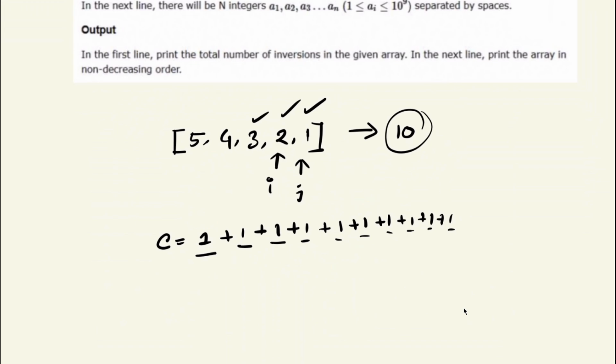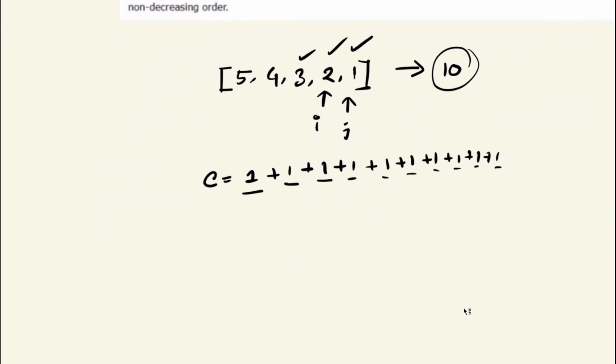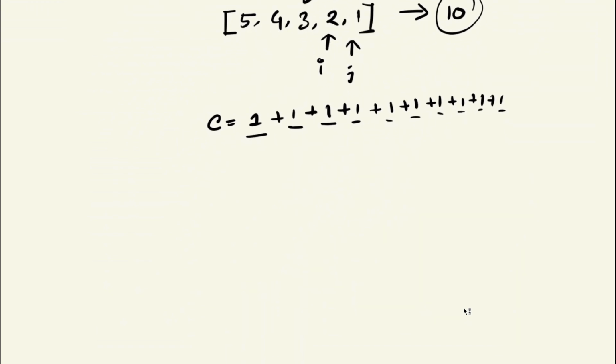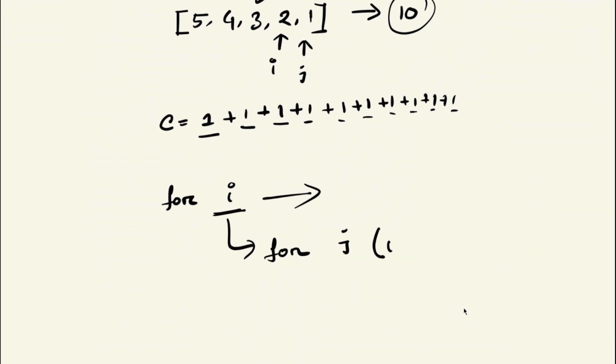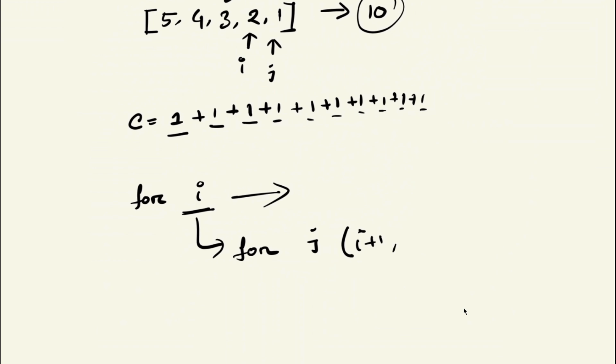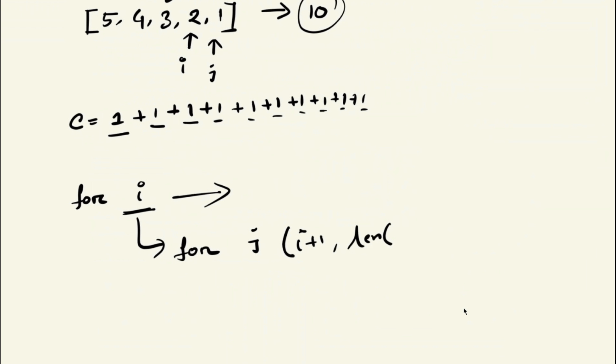Now let's see how can we solve this problem. So the naive approach should be we can maintain a loop for i. For i we can run a loop, and for each i we'll run a loop j which will be starting from i plus 1 to the length of our array, right?